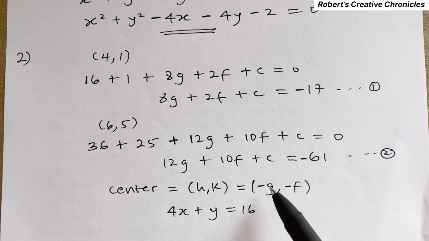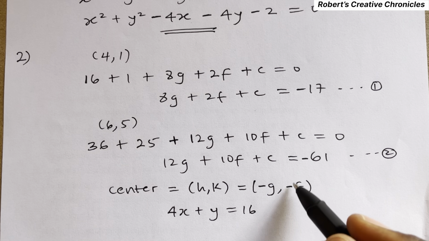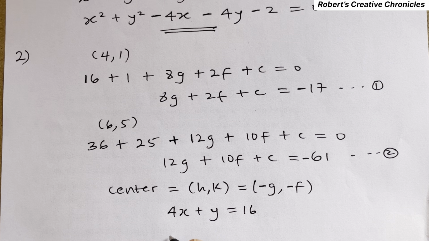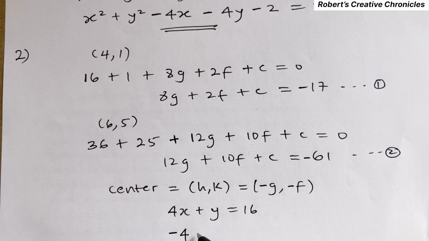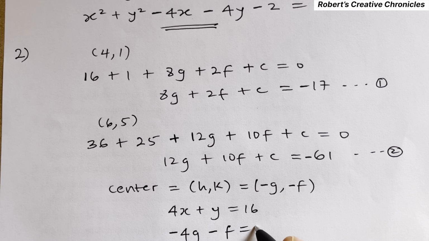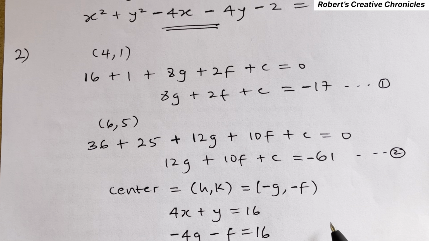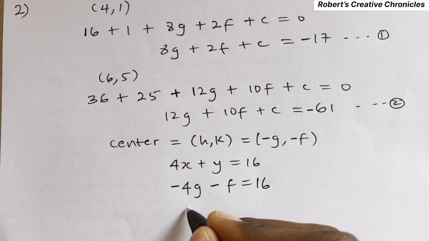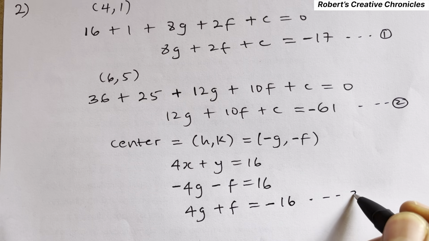Since the center is on this line, that means that x is minus g and y is minus f. So we can substitute here to become 4 times negative g, negative f is equal to 16. And if you multiply this equation by negative, you get 4g plus f is equal to negative 16. This becomes our third equation.